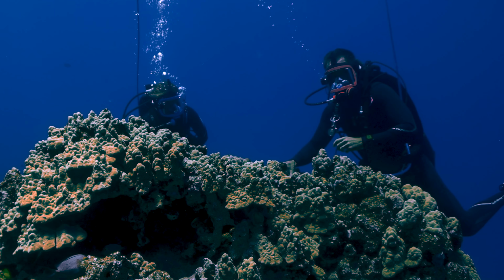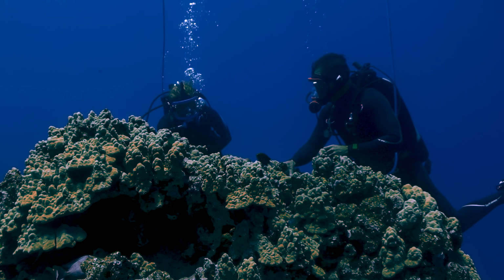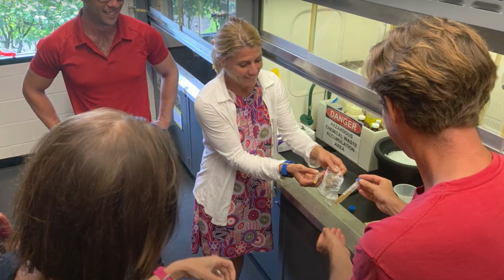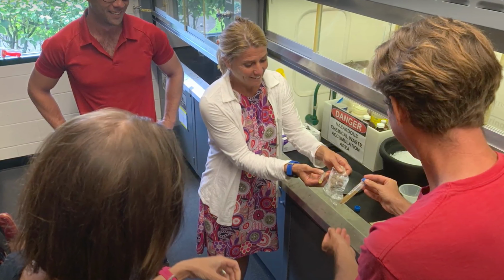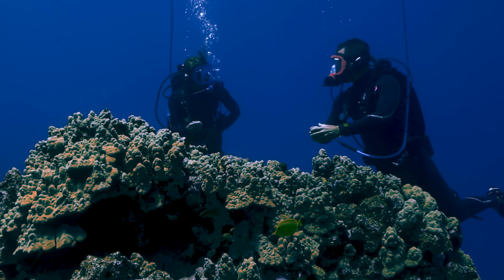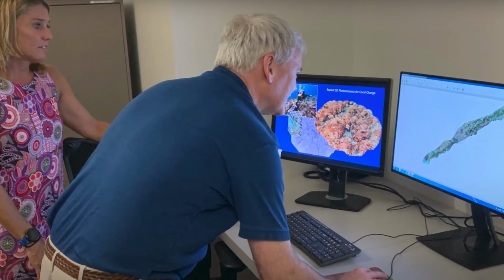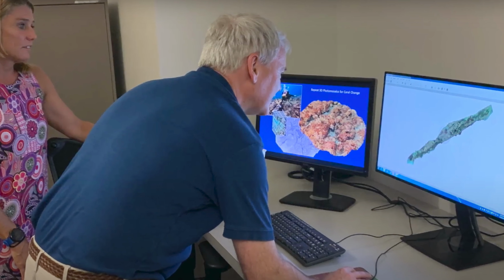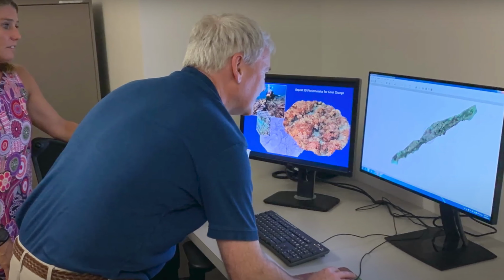So to understand the amount of pigments in the coral, I have to actually take little teeny samples and grind them up and then put them through what we call a spectrometer, which will measure the absorbance of the chlorophyll. Just like it's absorbing the light when it's in the spectrometer, I shoot it with light and you see how much it absorbs, and that tells you the concentration of the chlorophyll in the sample. And then I relate that back to the area of the sample that I took.